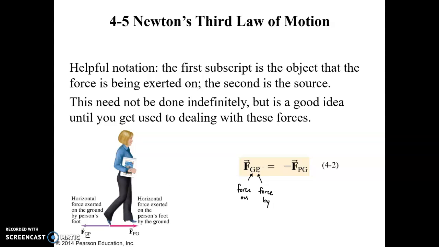We could use any letters here to denote any two things, like when we had the image of the skater holding onto the wall. We could say the force on the wall by the skater, or the force on the skater by the wall. So it's just a way of showing what object the force is being applied to and what object is applying that force.